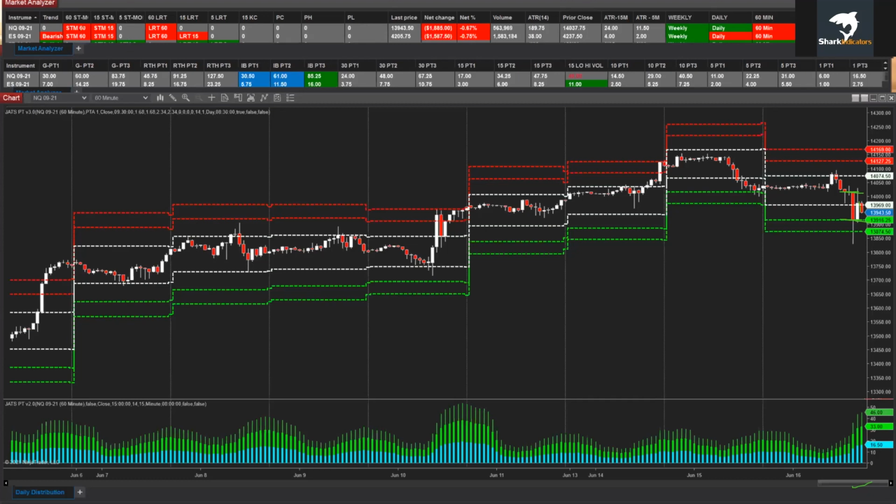I've got the market analyzer showing me the momentum and where we are positionally, higher time frame trend and volatility. I can track the volatility threshold level on any time frame that I want to track.